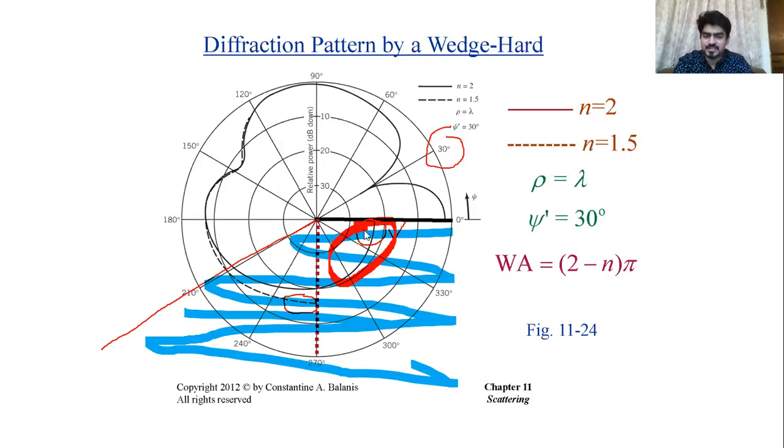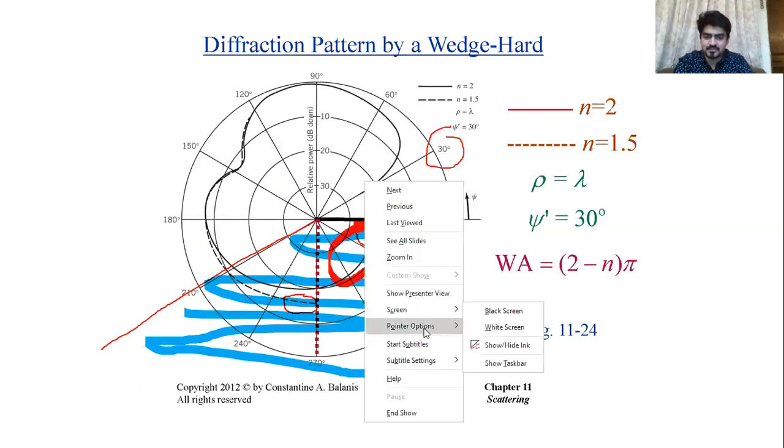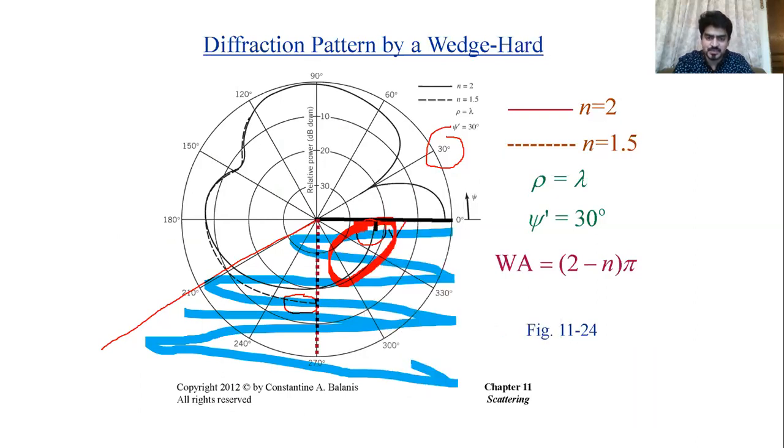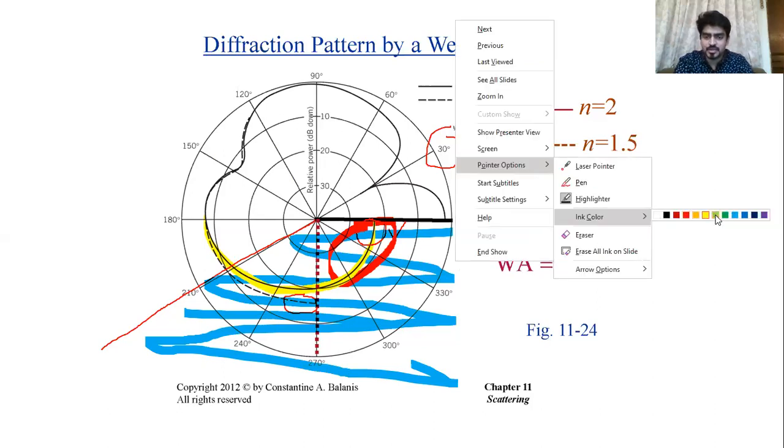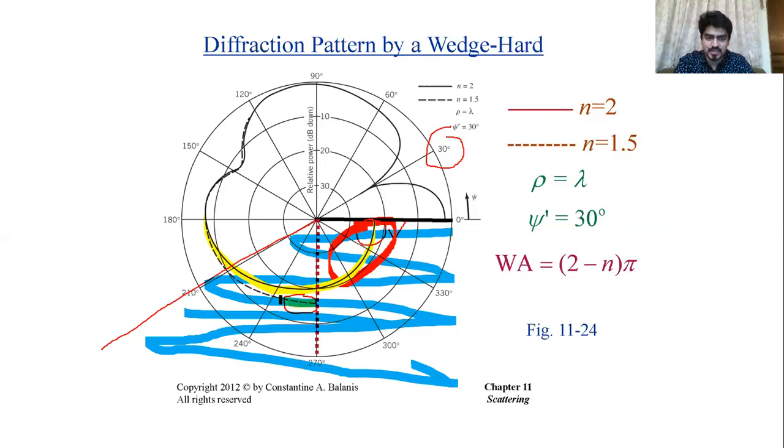So let me just highlight those values as well. That is this particular curve, right? You can see that even here you have a very high value for the half plane. And the same thing goes for the 90-degree wedge. Even for 90 degrees, you can see that you have a very high value in this shadow region, correct?